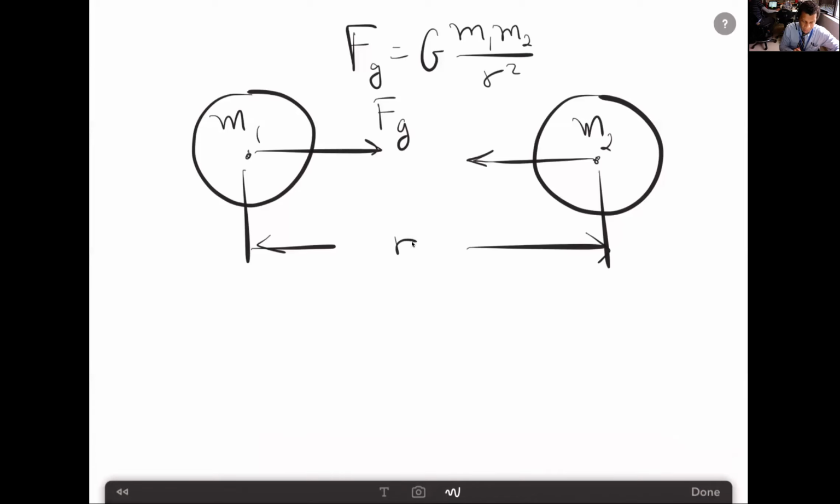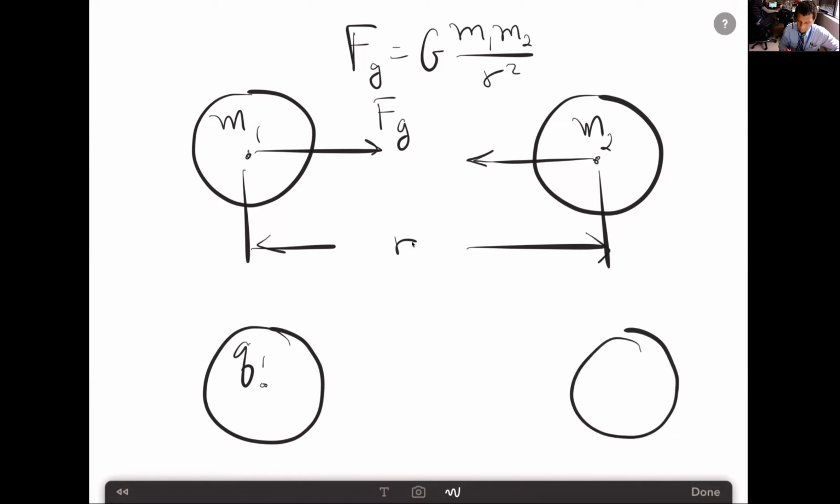So guess what happens when we have two objects that have a charge on them? The first two objects have the property of mass. The second two have the property of charge. Let's just say that one is positive and the other is negative. Charges that are unalike attract one another.